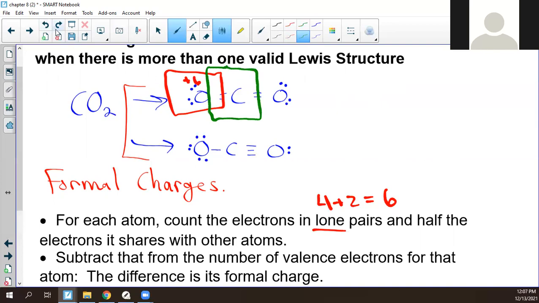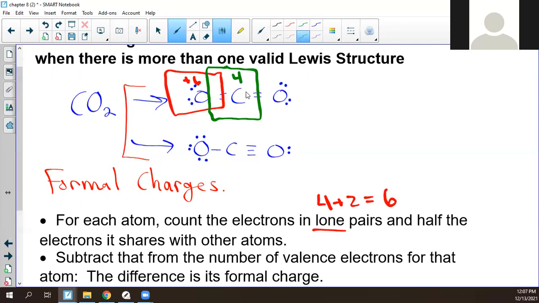It isn't a real charge, it's just the thing we're using to do this process. Carbon has 8 around it, but they're all shared, so I take half. So carbon is 4. Are we all right with that?